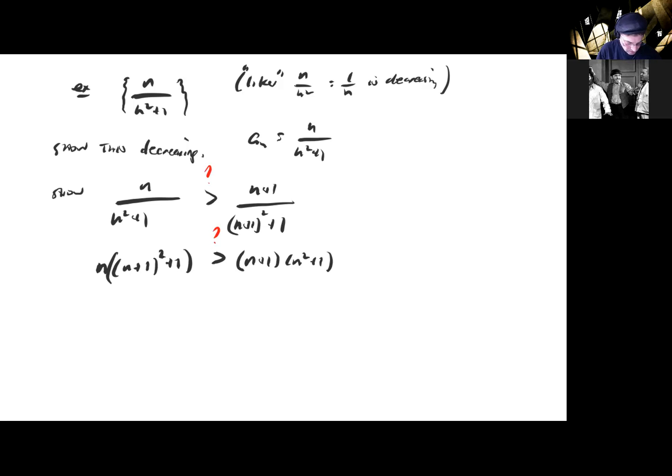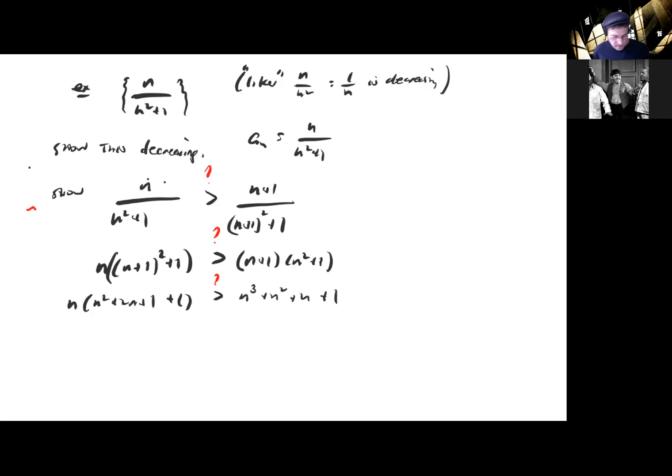It's not hard, but we have to do it. So the left side becomes n times (n squared plus 2n plus 1 plus 1), that's in the parentheses times the n on the outside, and on the right, the product would be n cubed plus n squared plus n plus 1.